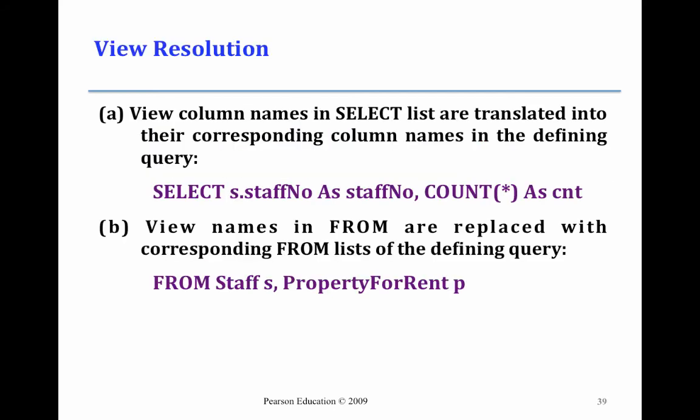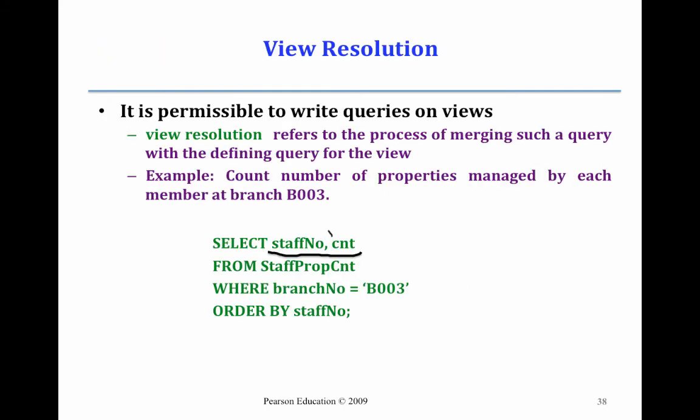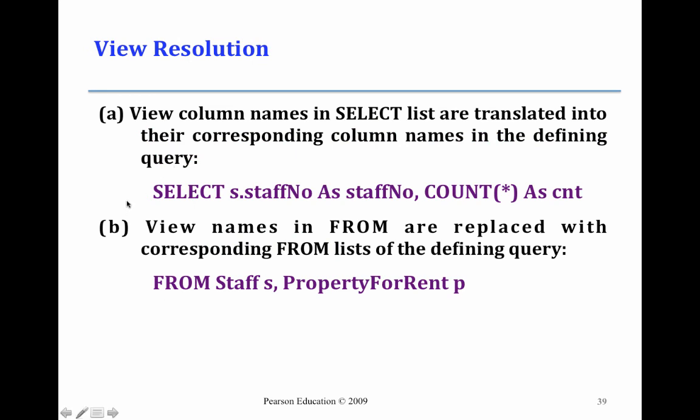So in the defining query, count was actually count star, and staff number was taken from the staff relation.